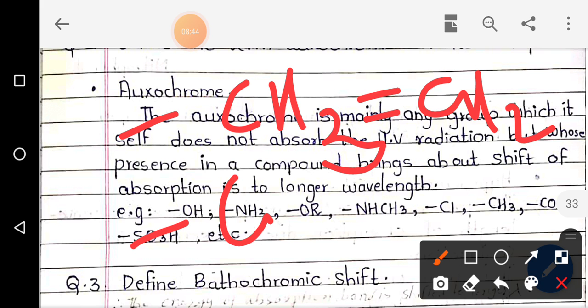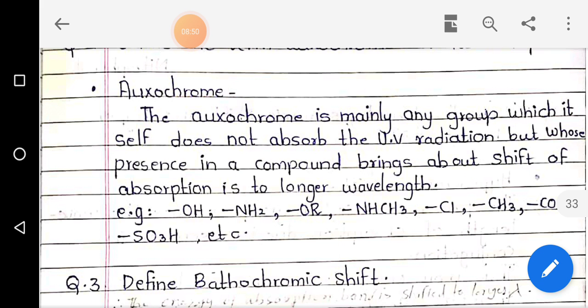Another is CO, another is SO3H, etc. These are the auxochromic groups. An auxochrome is mainly a group which by itself does not absorb UV radiation, but whose presence in a compound brings about a shift of the absorption to longer wavelengths, that is OH, NH2, OR, NHCH3, Cl, CH3, CO, SO3H, etc. So this is all about the examples of auxochromes and chromophores.